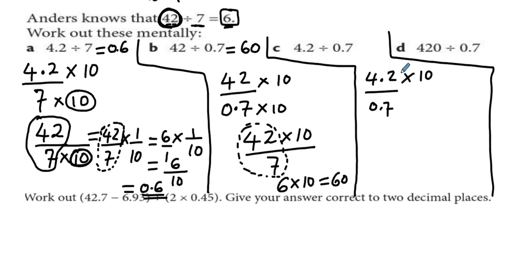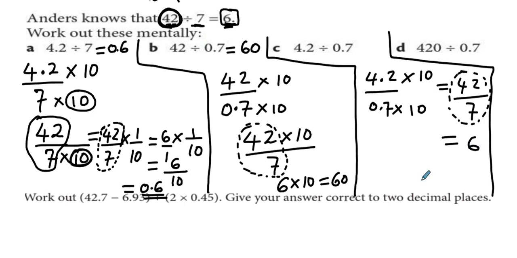Why? Because there is one decimal place, and here there is also one decimal place. So what is 4.2 times 10? The answer is 42. What is 0.7 times 10? The answer is 7. But what is 42 divided by 7? The answer is 6. So this question, 4.2 divided by 0.7, the answer is 6.